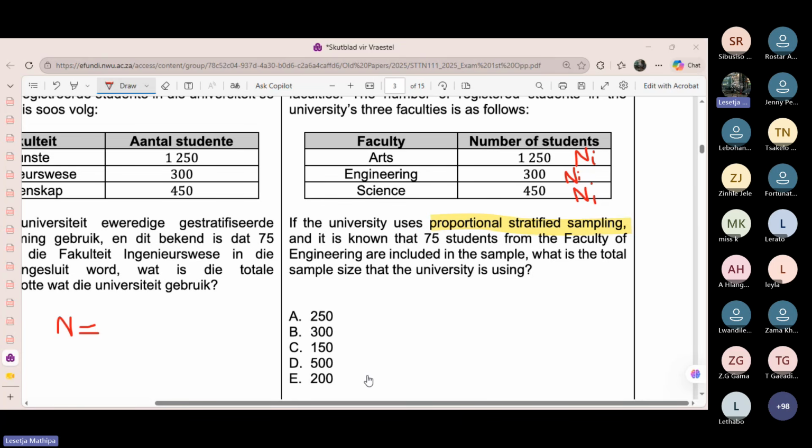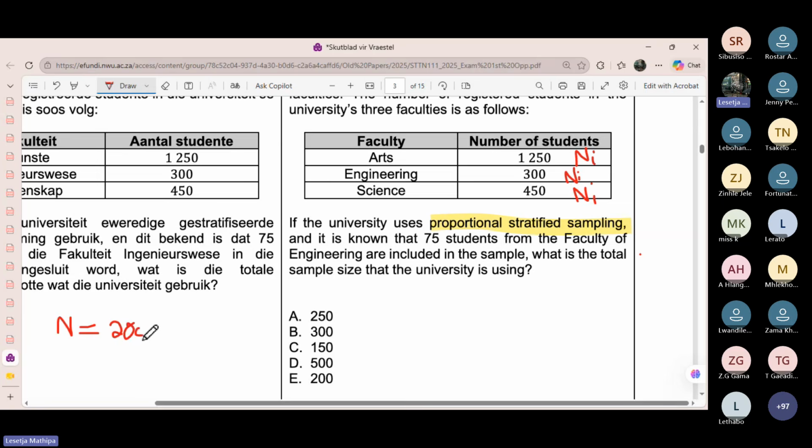So if we don't know the population, which method are we going to use to get it? We are going to use those capital letters N i: 1,250, 300, and 450. Please add 1,250 plus 300 plus 450 and check the answer. That 2,000 will be for the population.